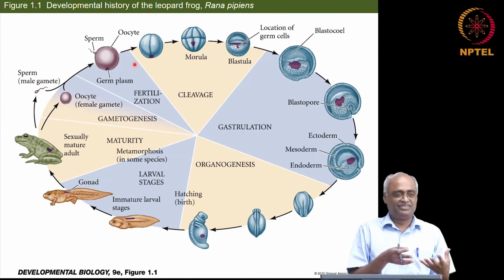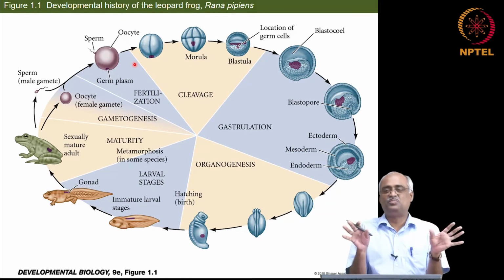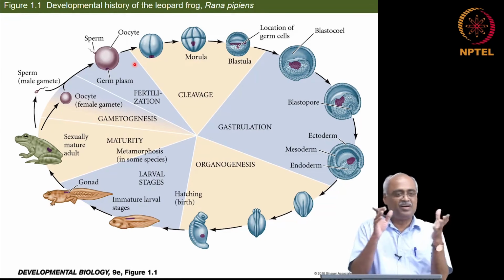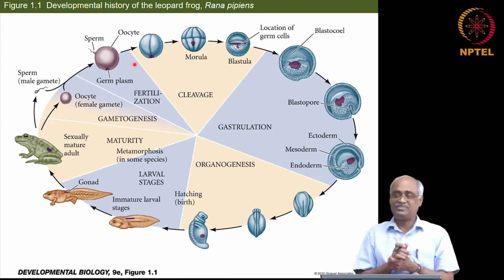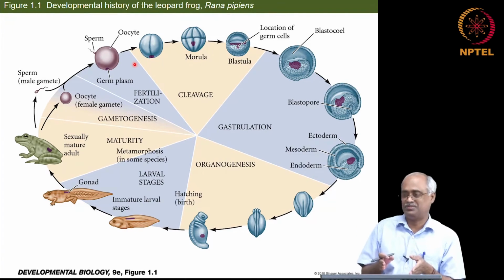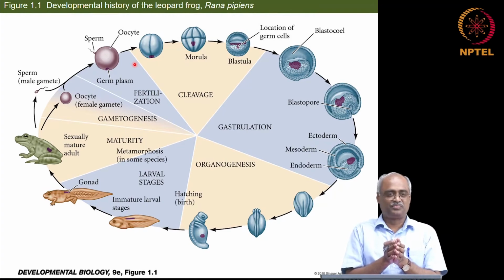Can you tell what is the obvious thing that this sperm brings? No, that is the nucleus, I am talking about the cytoplasmic part. Anything at all coming from the sperm? That is correct, it is the centrioles. The oocyte will not have centrioles, the centrioles come from the sperm. So, first you have the cytoplasmic fusion.